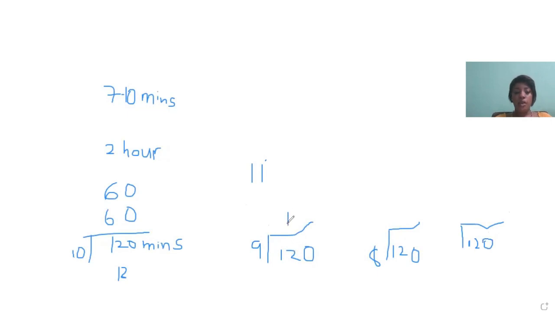9 into 12 is 1, remainder 3. 9 into 30, bring down the 0. 9 into 30, 3. 3 times 9 is 27. I'm going to leave it as is. I won't go to decimal. All right, 8 into 12, 1, 8.